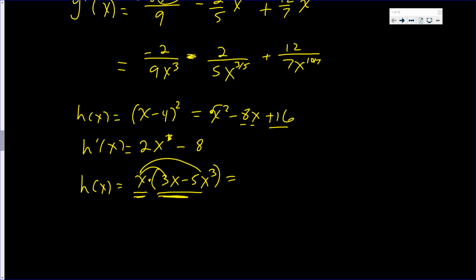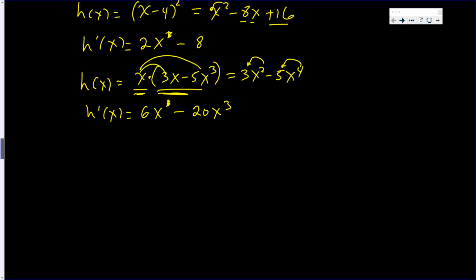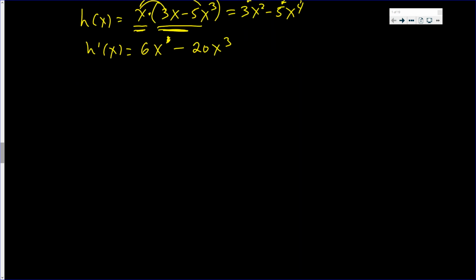Let's distribute, and then we get 3x squared minus 5x to the 4th. Now I can easily take the derivative. 2 times 3 is 6. Make the new power 1 less, which we don't have to put if it's a 1. 4 times 5 is 20. Make the new power 1 less. There's the answer.